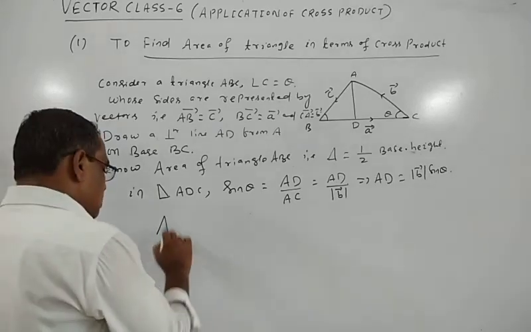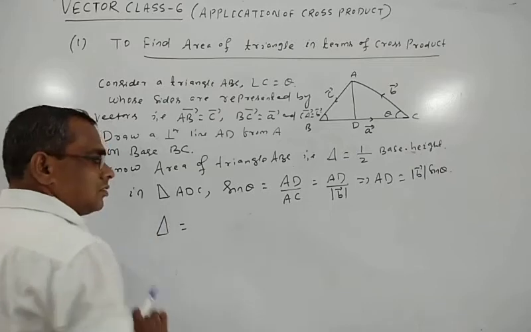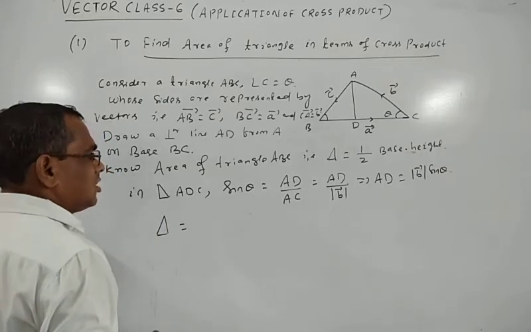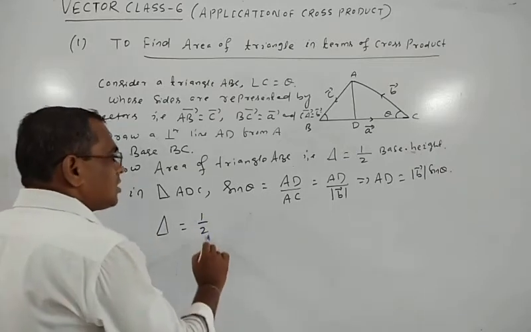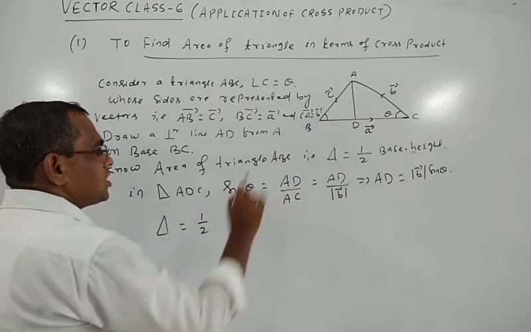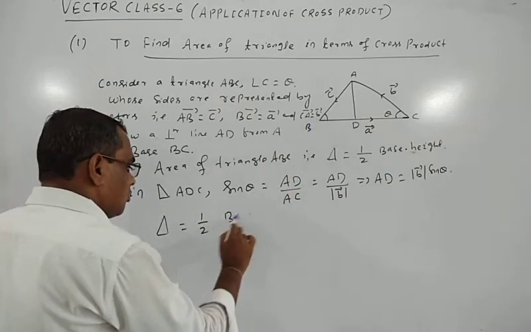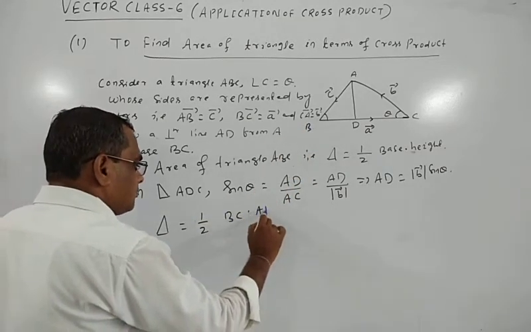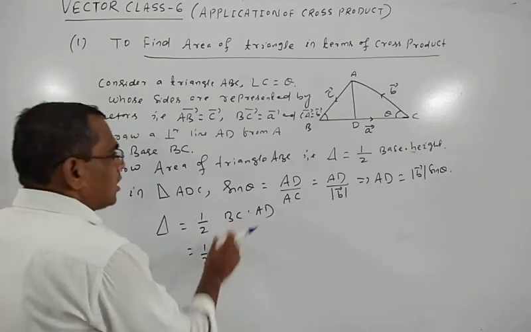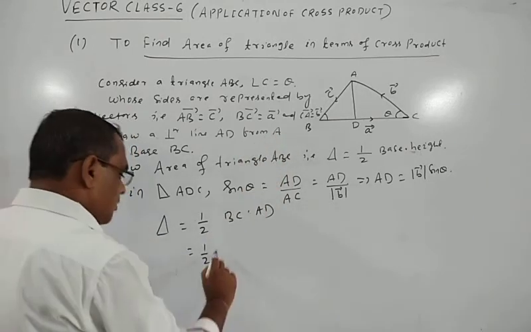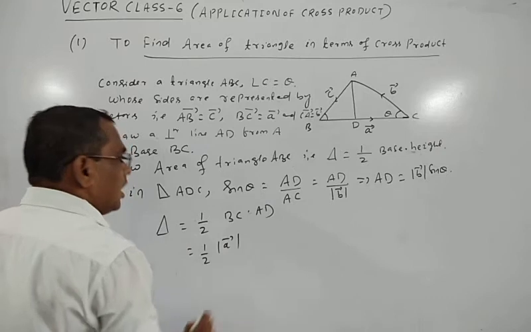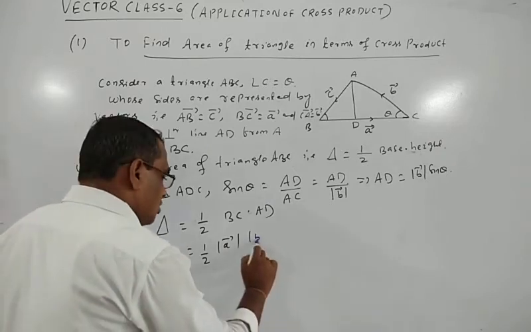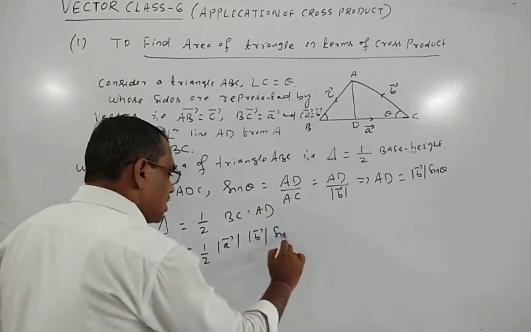Now delta, the area of the triangle, is equal to half into base into AD. The base is BC, which is the magnitude of A vector, and AD is equal to magnitude of B vector into sin theta.